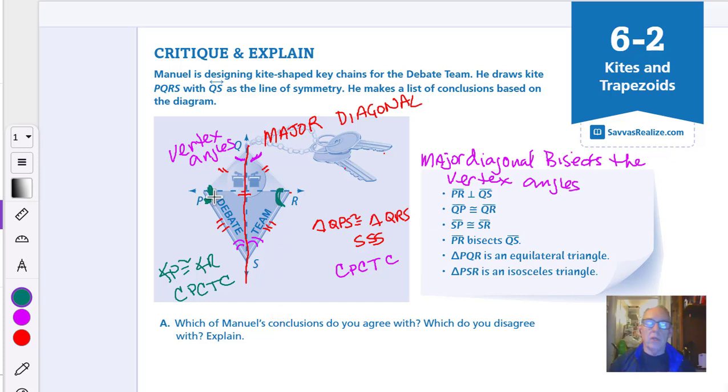So if we call angle Q and angle S the vertex angles, we call angle P and angle R non-vertex angles.